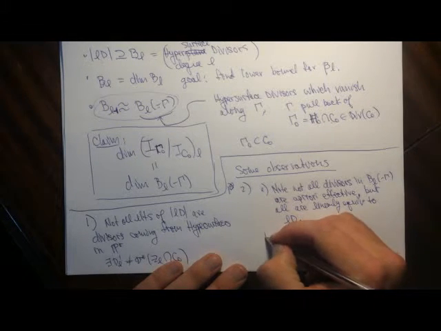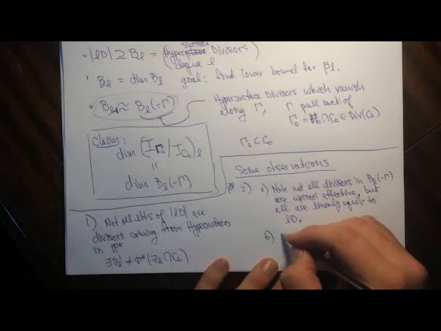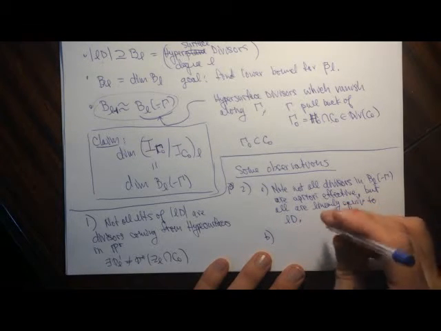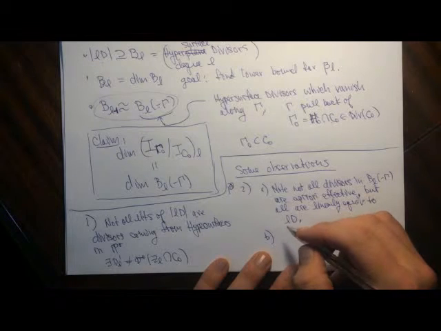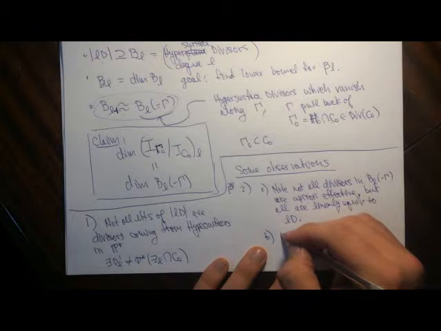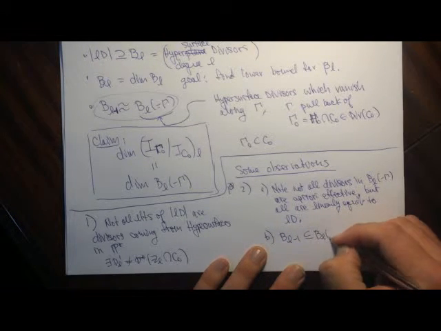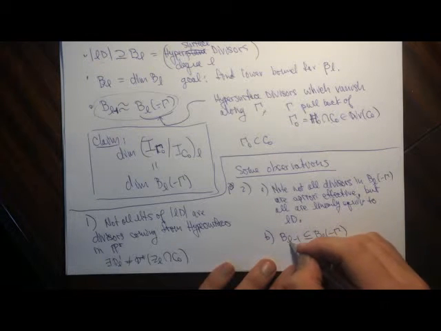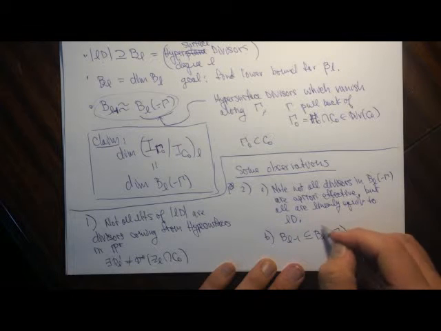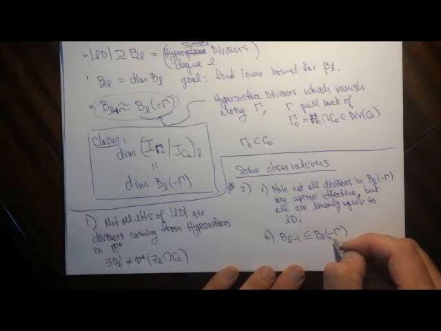The second thing that I want to say is that BL minus 1 is a subset of BL minus gamma, so that this map is actually injective. So this is strictly bigger. For all of these guys, there exists a guy in here.